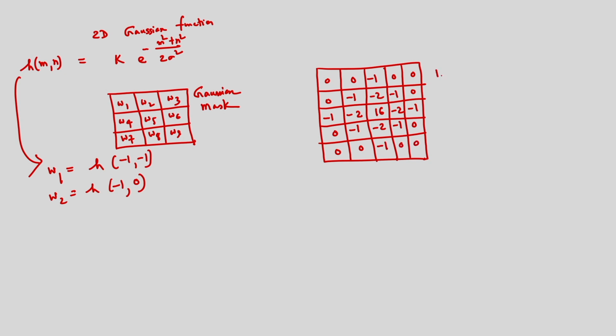So this is the mask corresponding to the LoG operator. Here I am considering the 5 by 5 mask, that is the discrete approximation of the continuous function, because the LoG function is (x square plus y square minus 2 sigma square) divided by sigma to the power 4, times e to the power minus (x square plus y square) over 2 sigma square.